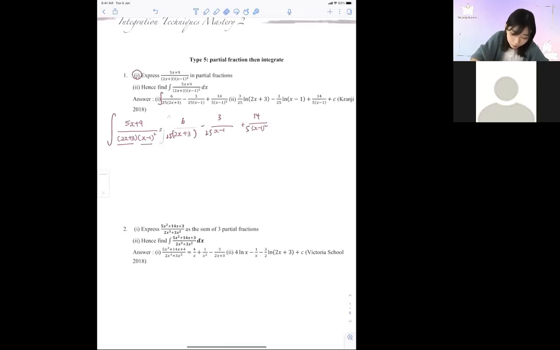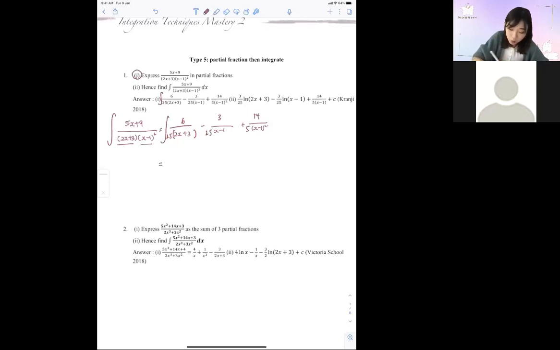So Dylan, can you tell me, when you have bracket to the power of -1, how do you integrate that? Don't care about the 6 over 25, just care about this. Do you bring up the 2x plus 3 to the power of -1, then it will become a log.